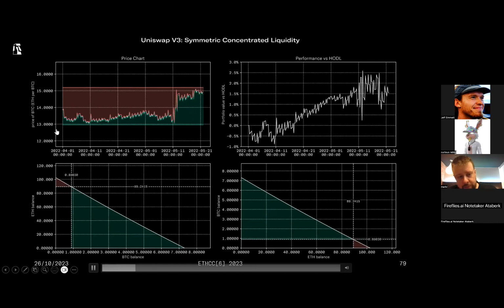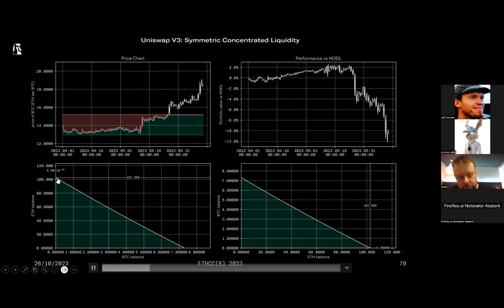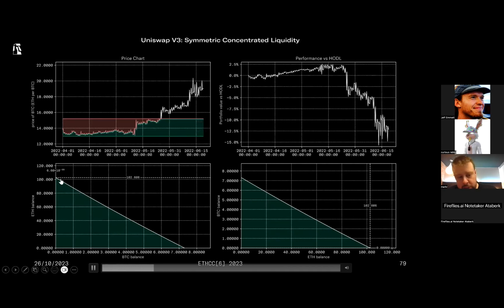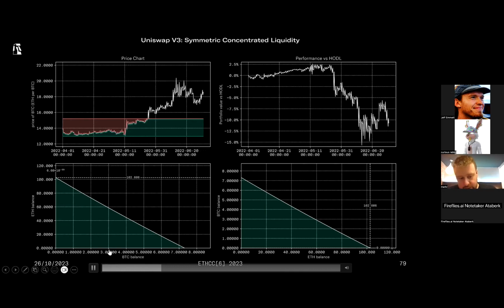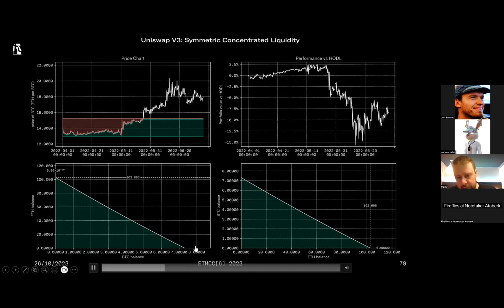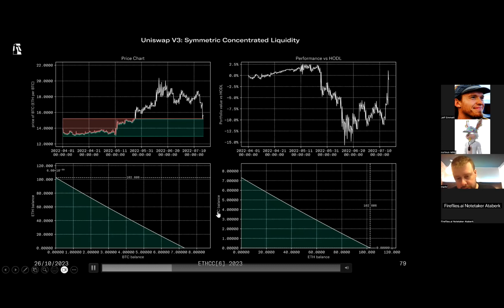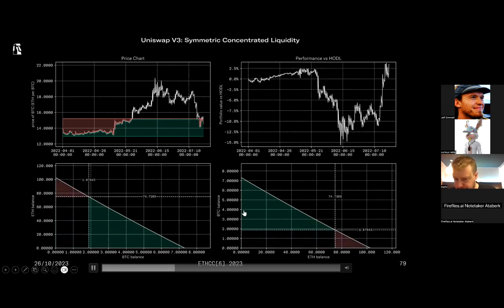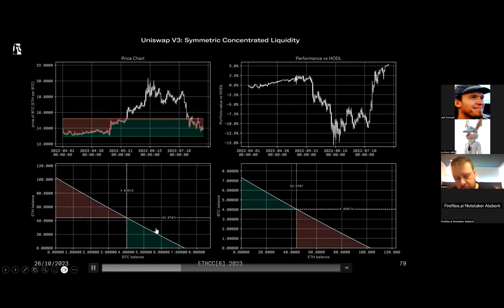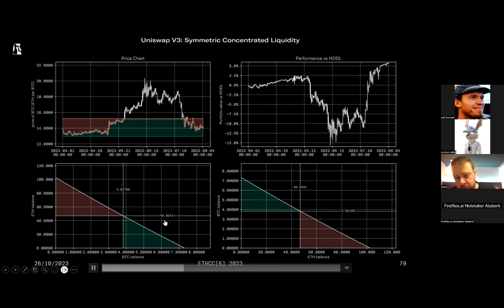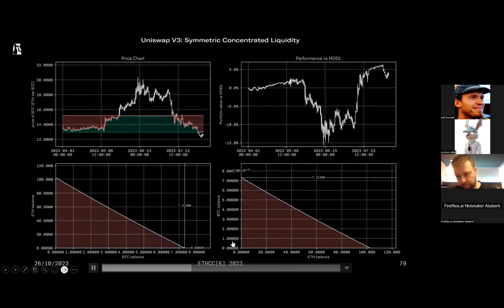So you can see here that the bottom of my green range is at about 13 point something, and so the marginal rate of the curve as it's becoming depleted of one asset is also going to be 13. And the reciprocal will be true for the other asset. But again, these are the transpose of each other, and so whenever one of these triangles is responding, the other one is doing the same thing, but from the opposite perspective.